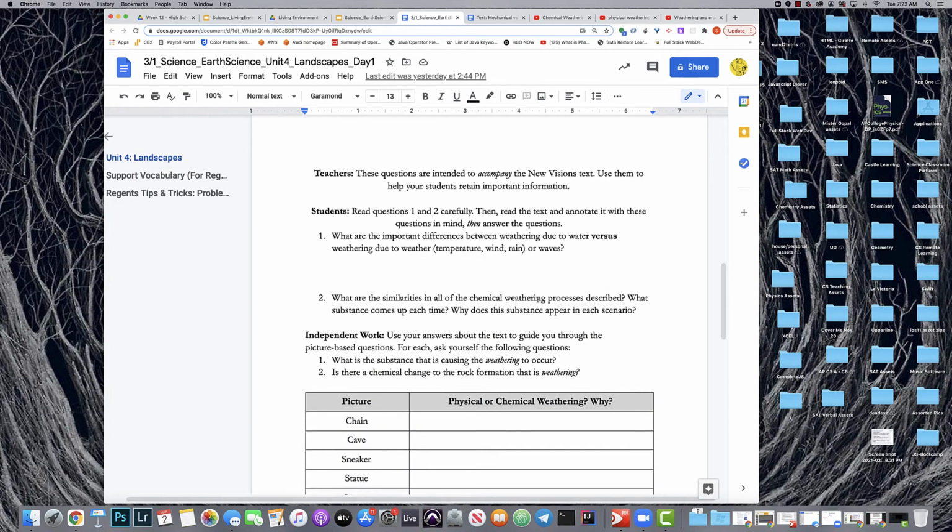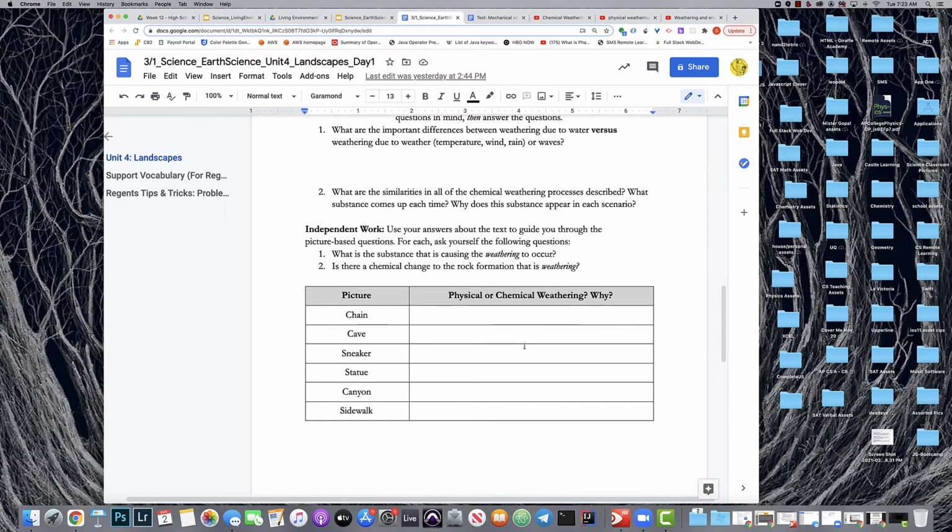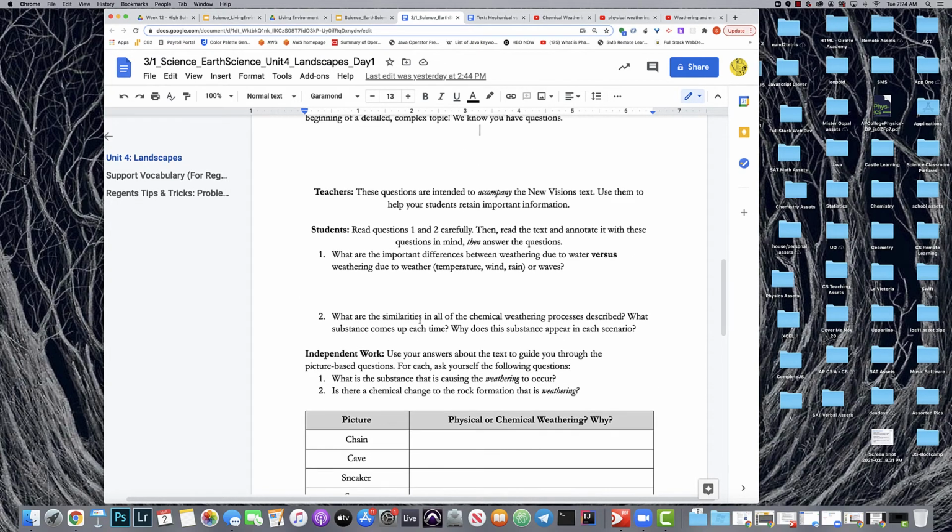Now, I thought it important to write out questions that accompany the New Visions text. So the New Visions text is on the side when you're doing the independent work, or when a student's doing the independent work below here that I've put in the table. But it's important for me to get them thinking about larger themes here. So what are the important differences between weathering due to water versus the other ones?